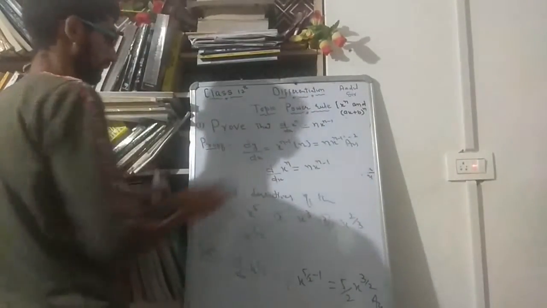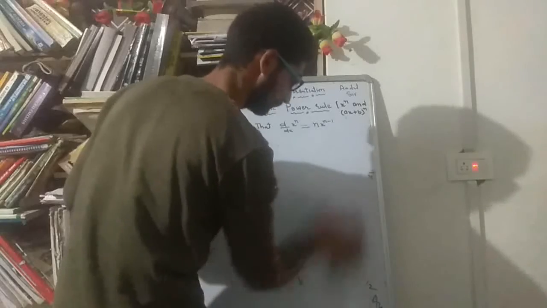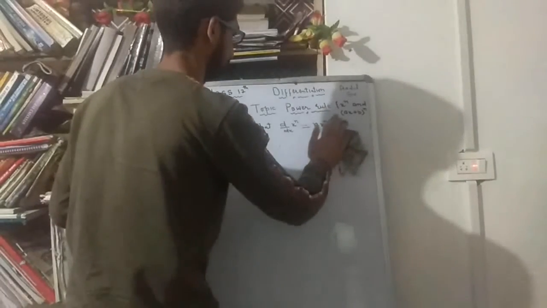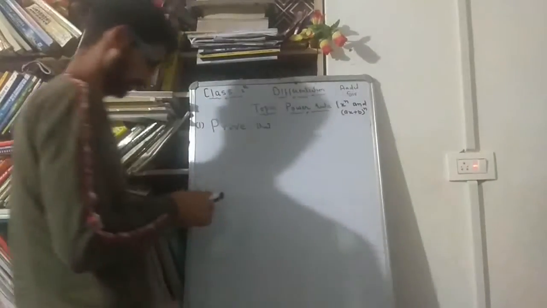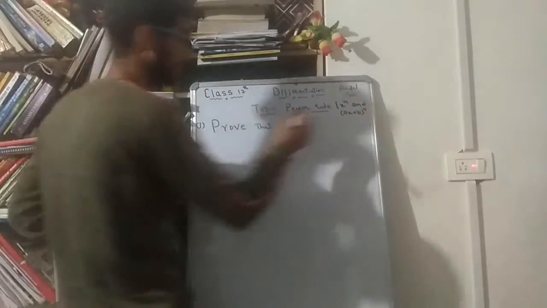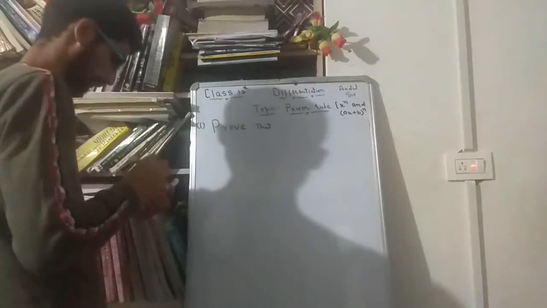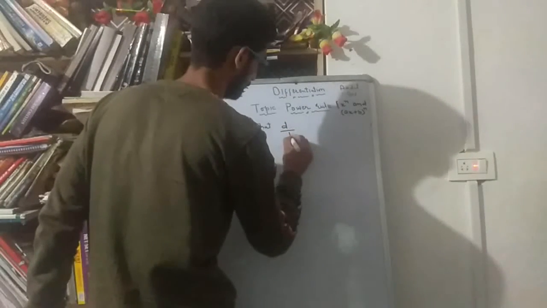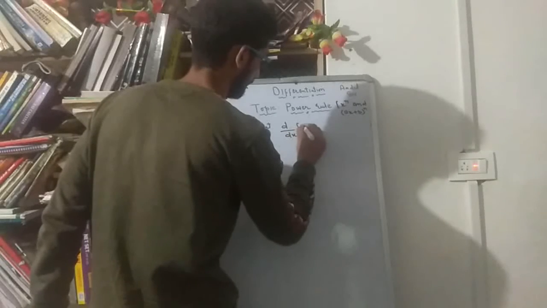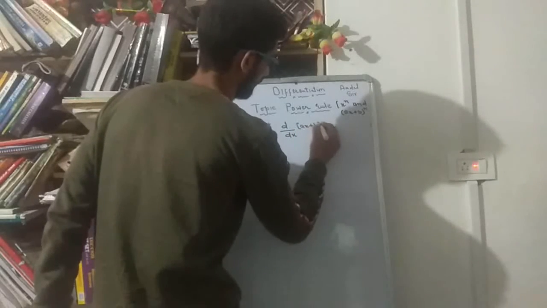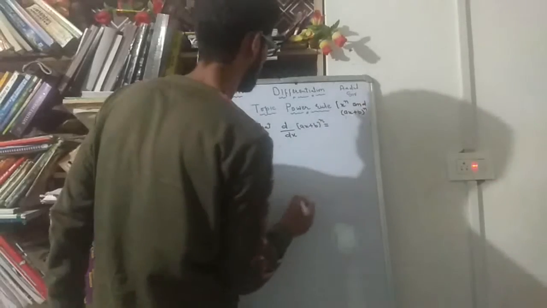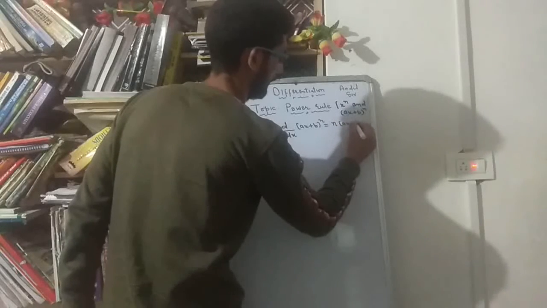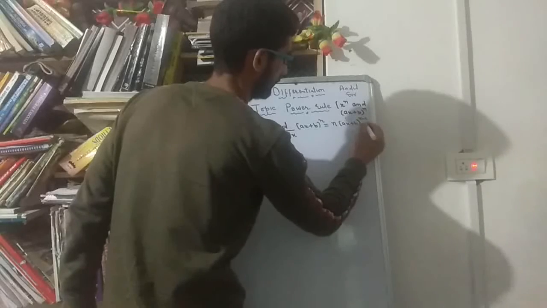Now we will solve another one, and that is: prove that the derivative of (ax plus b) raised to power n is equal to n (ax plus b) raised to n minus 1 into a.